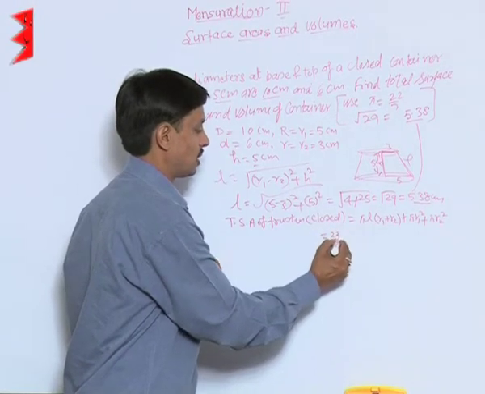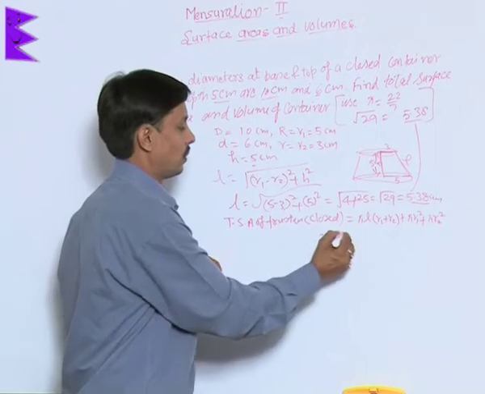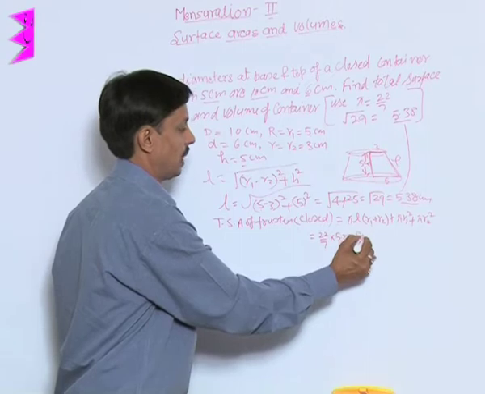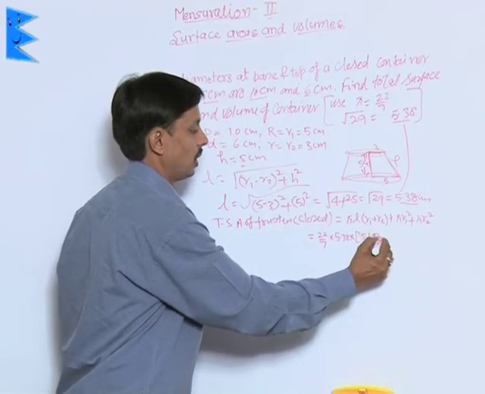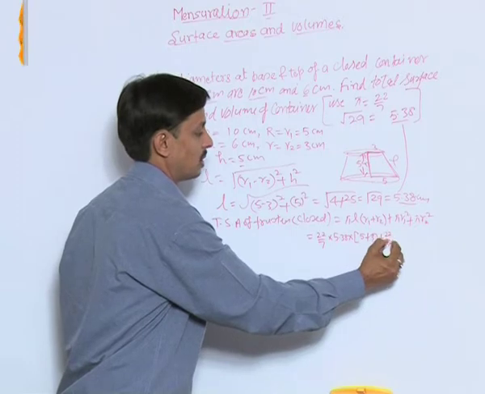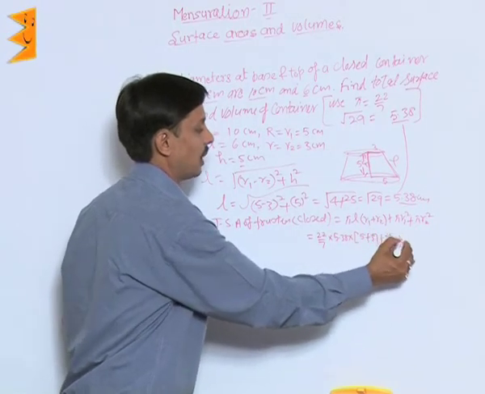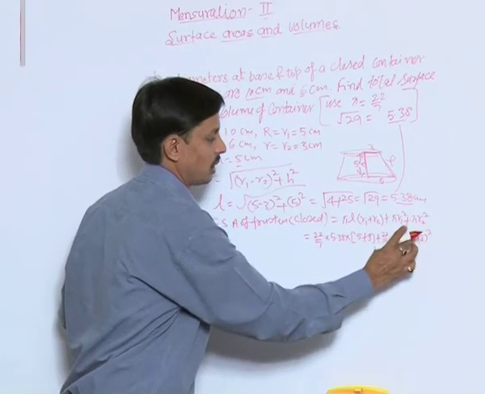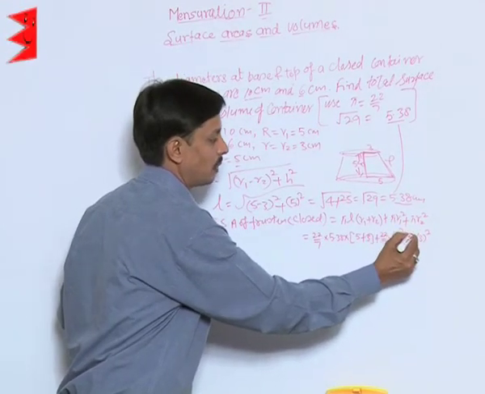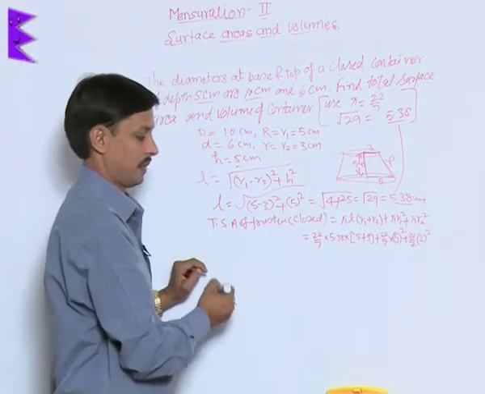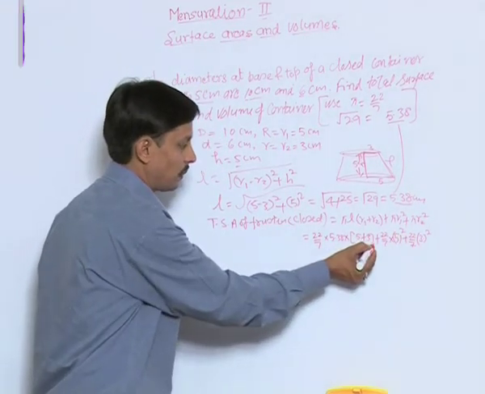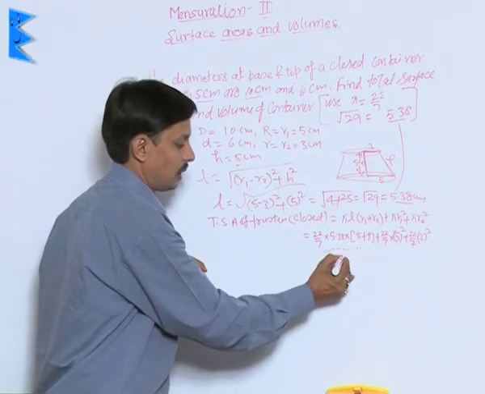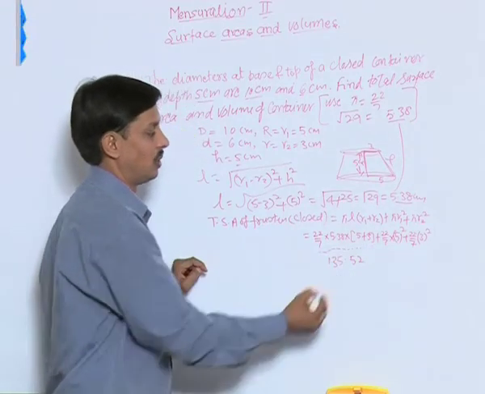I am using the values here now. Pi 22/7 into L 5.38 into radius, bigger one 5, smaller one 3, plus pi means 22/7, R1 square means 5 square, plus pi, R2 square means 3 square. In place of pi we have to take 22/7. The simplification of the first part gives us 135.52 centimeter square.